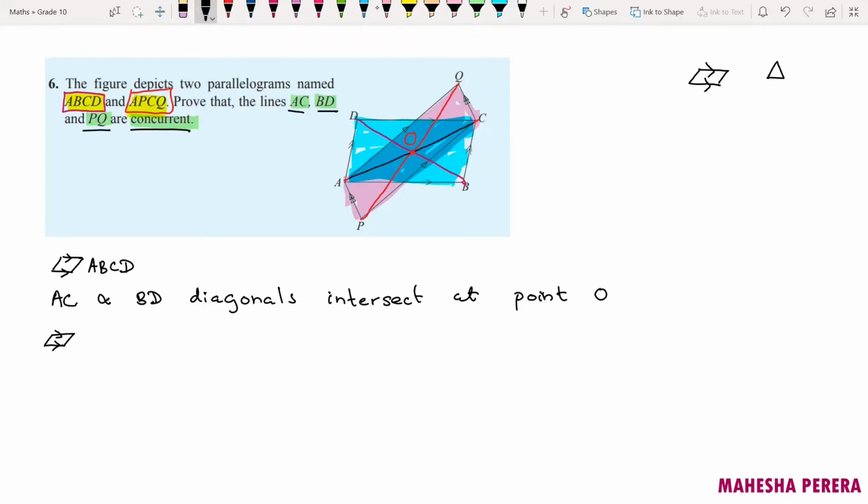So likewise, this symbol is used to denote the parallelogram.